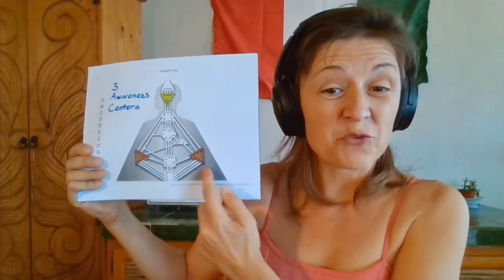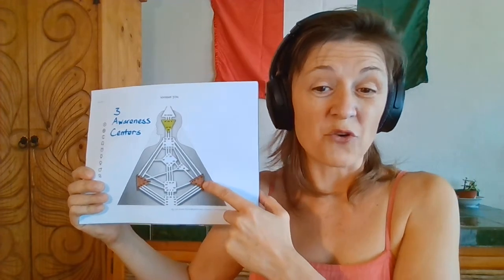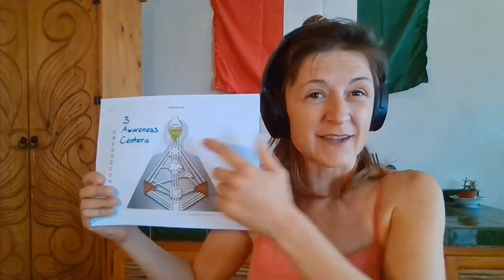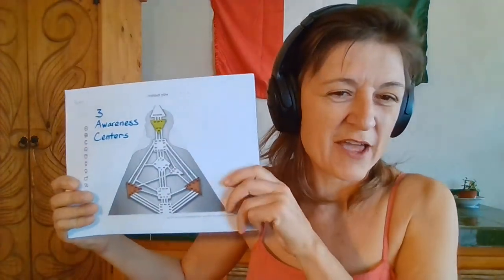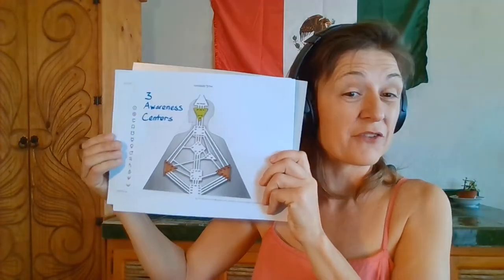The body graph has 3 awareness centers. They have to do with awareness, instinctual awareness, emotional awareness, and conceptualizing. We'll just say that, okay? Awareness. This is not motors, this is awareness. There's 3 of those.